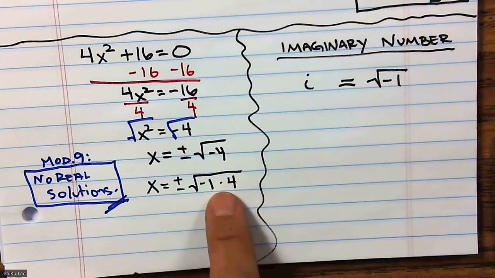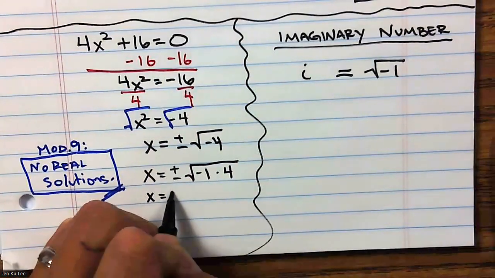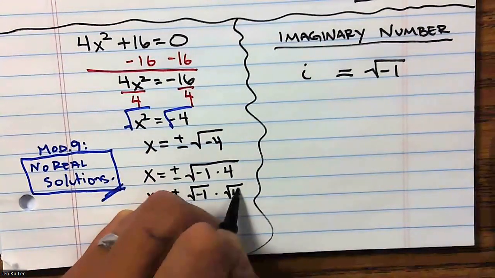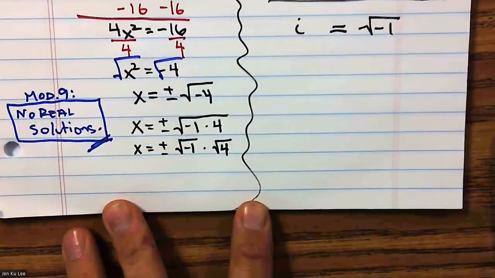I didn't change anything, just making it look different, right? So here, I can say this is square root of -1 times the square root of 4, right? In my rules of roots, okay?